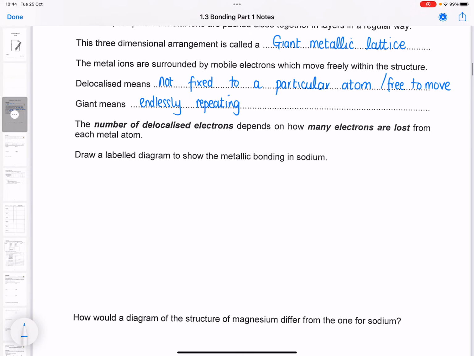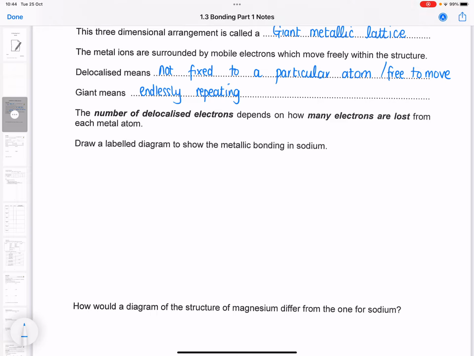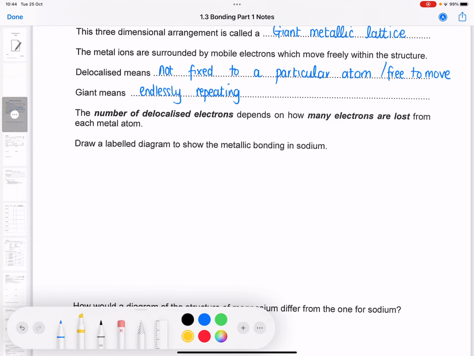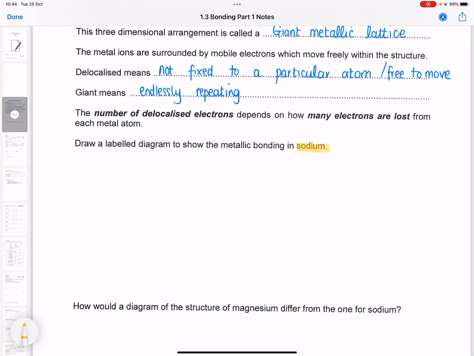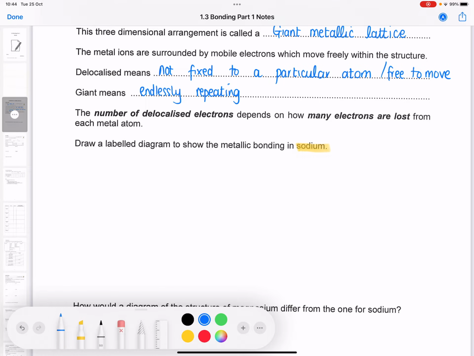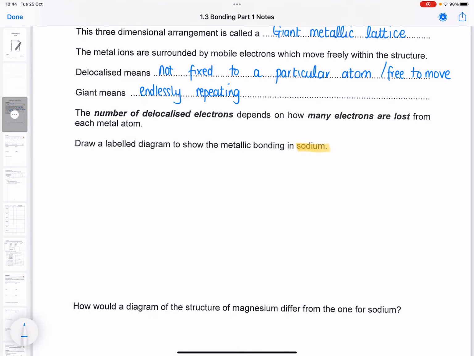How many delocalized electrons there are will depend on how many electrons are lost from each metal ion. So in an exam, if you get asked to draw metallic bonding in sodium, you need to locate sodium in the periodic table, find that it's in group 1, realise that it loses one outer shell electron into the sea of delocalized electrons, and draw a diagram that relates to that.